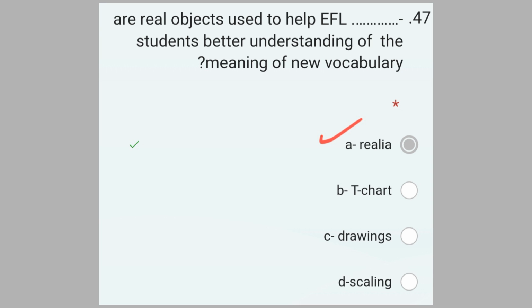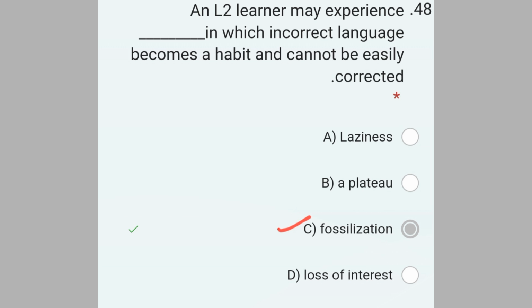47. What are real objects used to help EFL students better understand the meaning of new vocabulary? A. Realia. B. T-chart. C. Drawings. D. Scaling. 48.